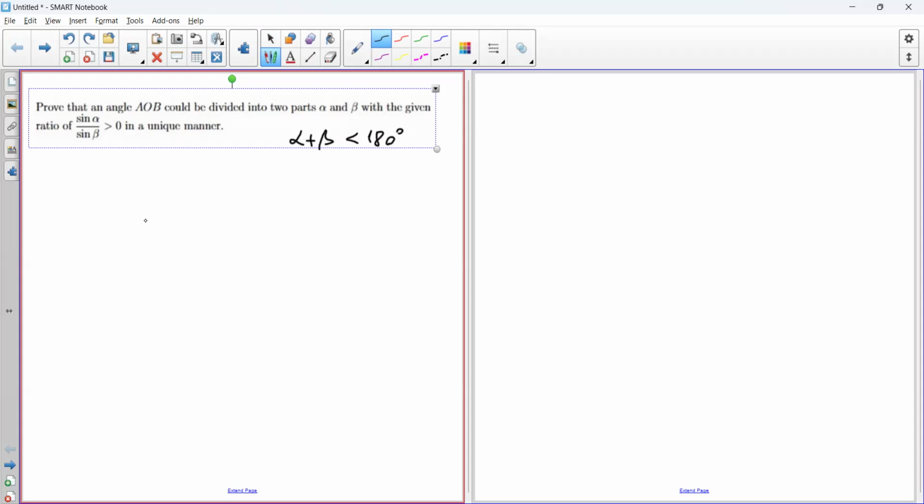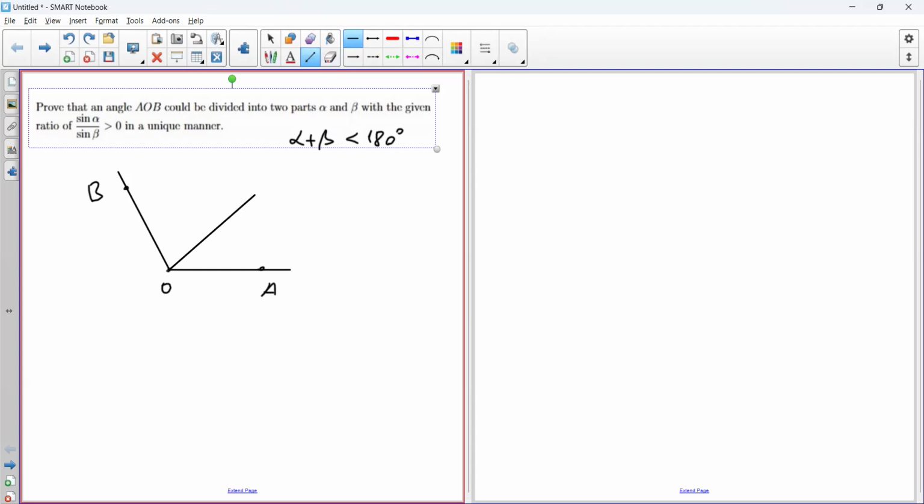That is what you have if you have the geometrical interpretation of the condition. So you have an angle A, O, B, and it is divided into two parts.